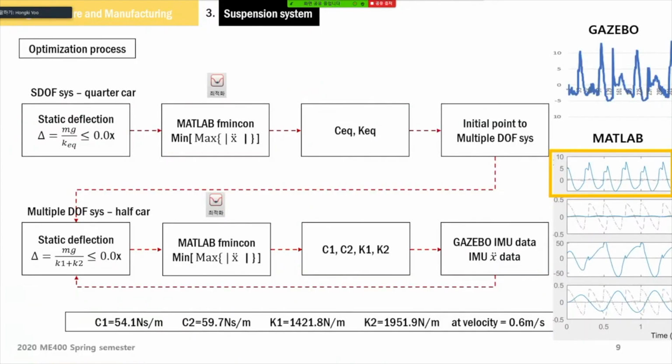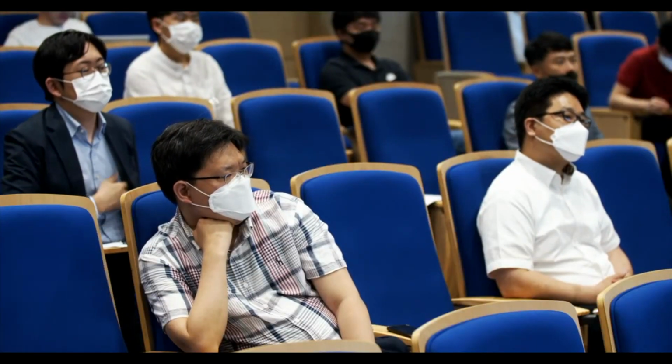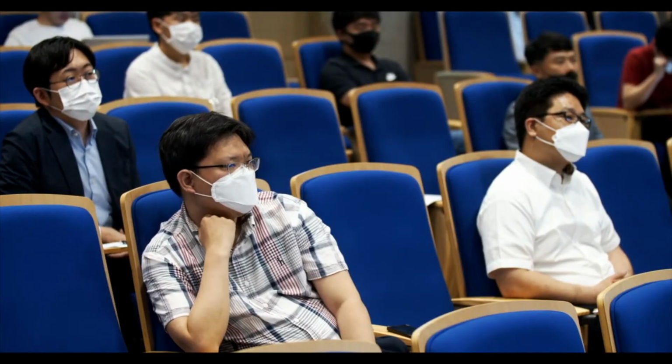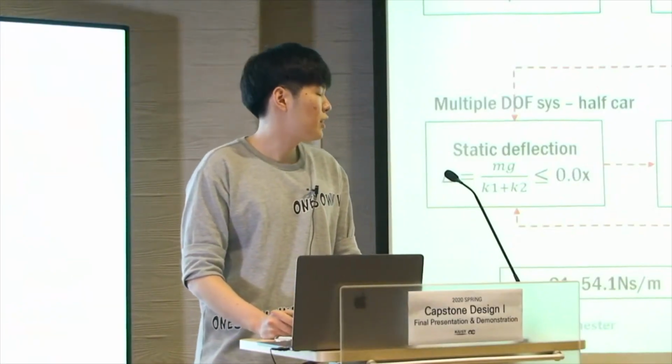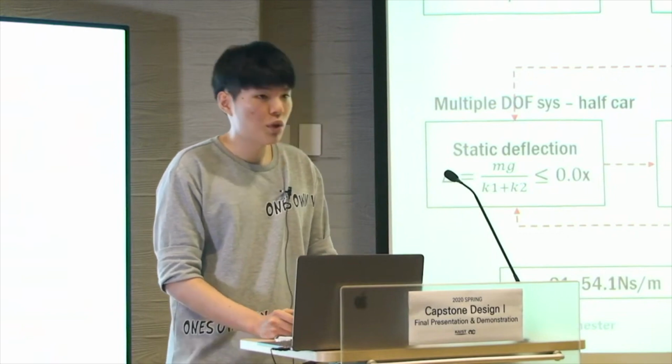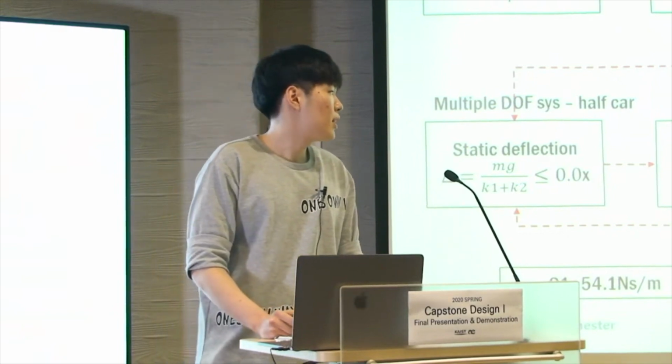This is the optimization process for minimal acceleration to get suspension parameters C1, K1, and C2, K2. We used MATLAB optimization application fmincon to minimize acceleration, and the major constraint was the static deflection. First, we optimized the quarter-car model, the single degree of freedom system.